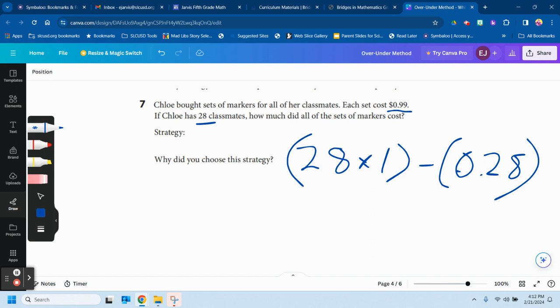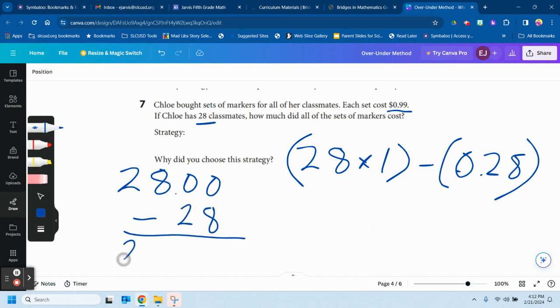So 28 times 1 is 28. And you can just kind of think minus 28 cents. Well, it's going to be $27. $27. So $1 minus 25 cents. That gives me 75 cents. So this is going to be 3 more cents than the 75. So it's going to be 72 cents.